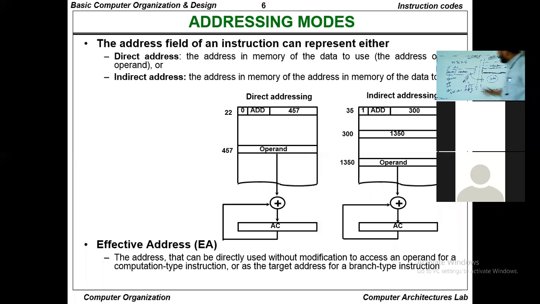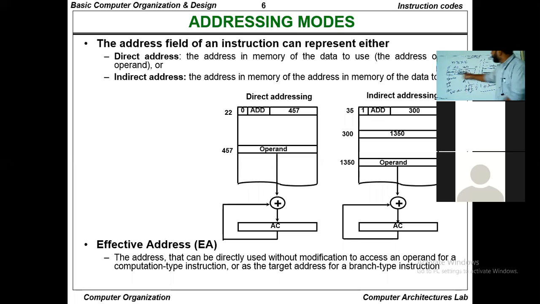Now if the second part of the instruction format is data, then the address is called immediate address. What does it mean? This means हमें data के लिए memory को access करने की जरूरत नहीं है. Data is given in the instruction itself.